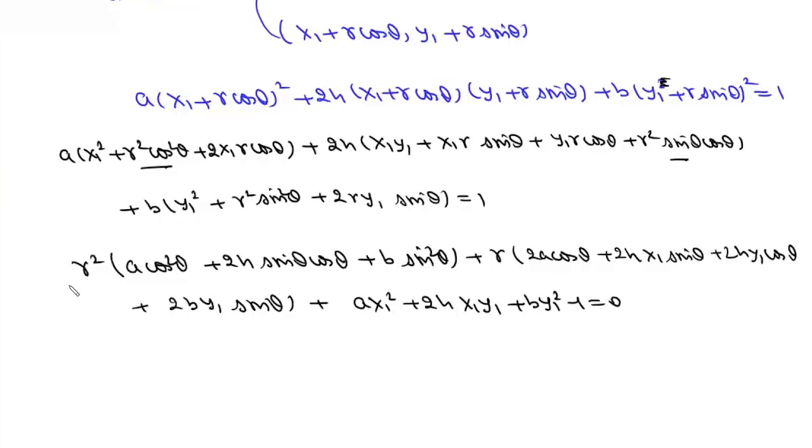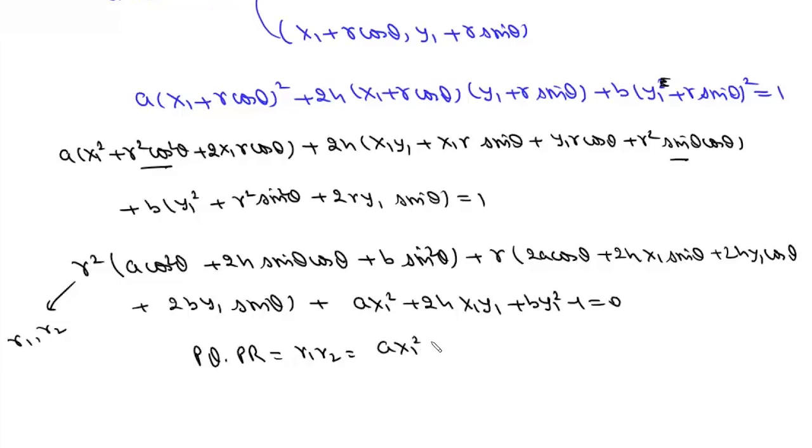Now since this line intersects the curve at 2 points, this equation will have two roots, r1 and r2. Now it says the product PQ into PR is independent of slope, it is independent of theta. Basically PQ into PR is r1 into r2, which is nothing but the product of roots, and the product of roots is c upon a.